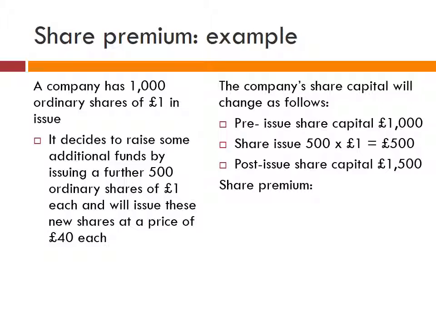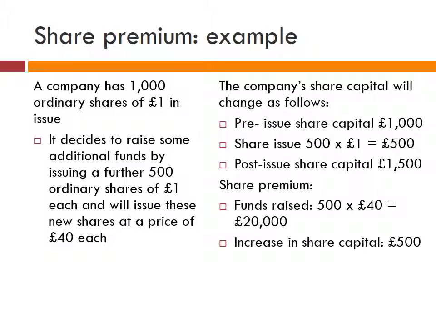But of course the amount that we actually received from that issue is 500 shares multiplied by £40 each. That's £20,000. So the balance of that £20,000 is going to go to our share premium account. So we'll work that out.